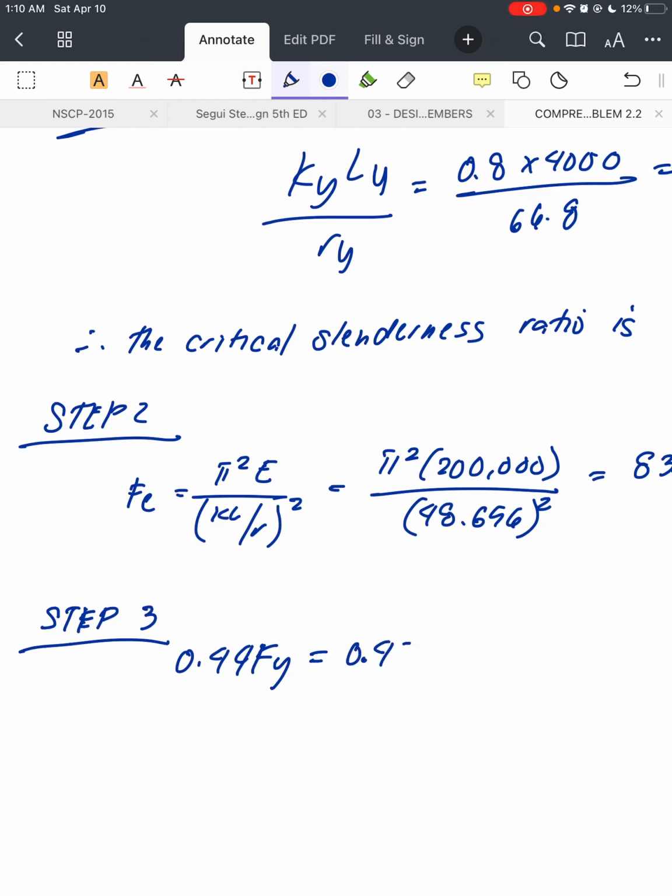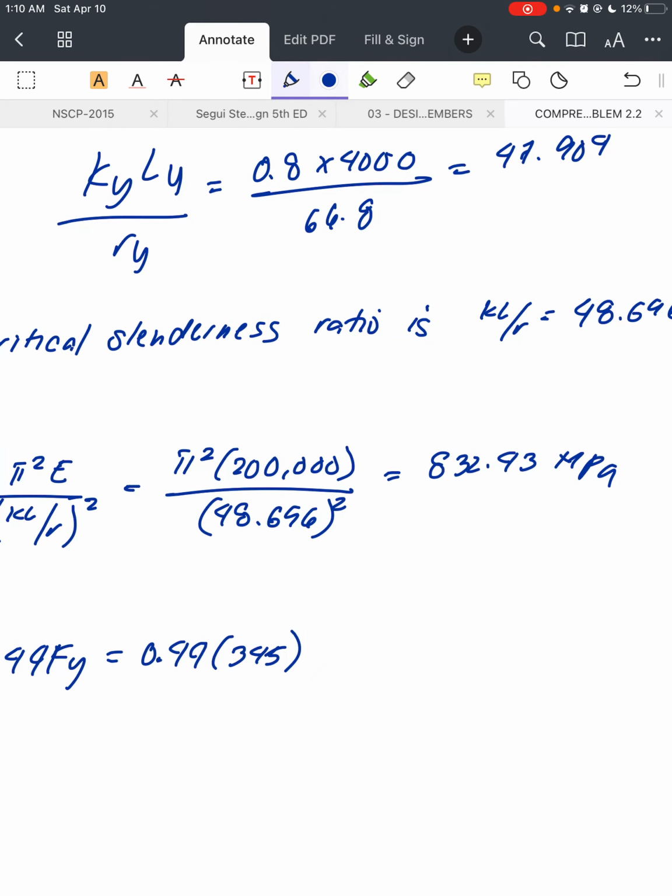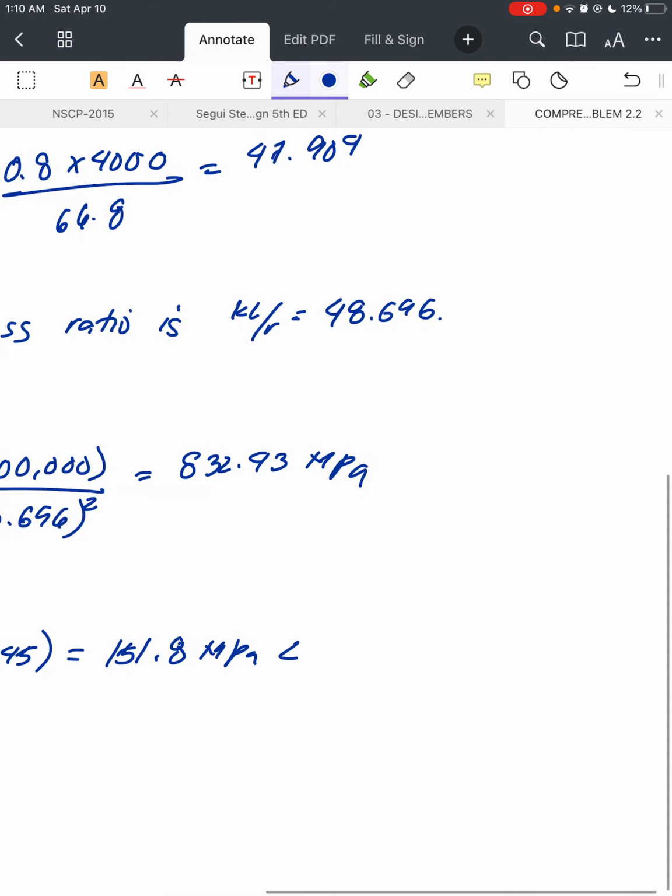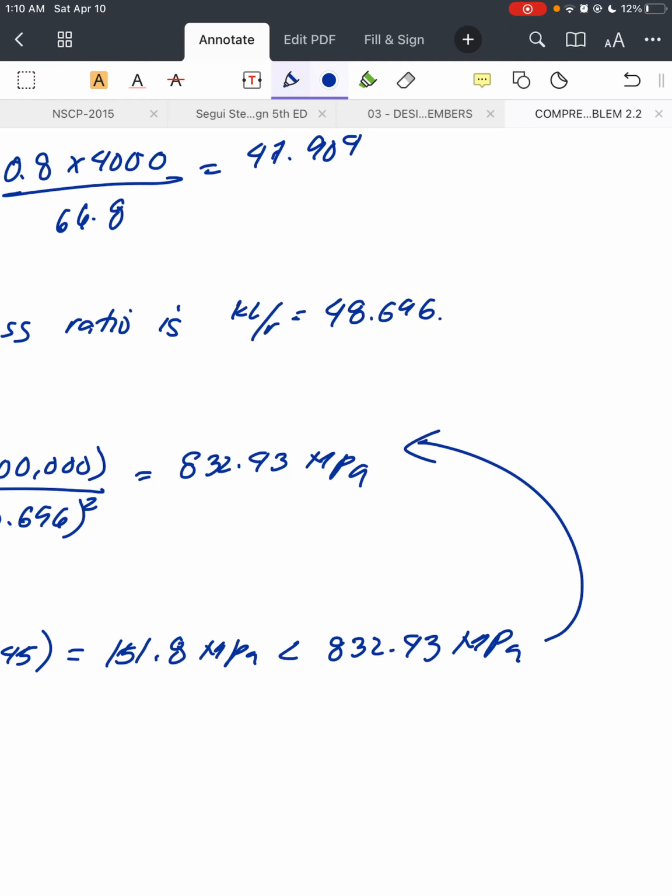So you have 0.44 times 345. So this should be equal to 151.8 MPa, okay, which is less than 832.43. Okay, comparing to this one.